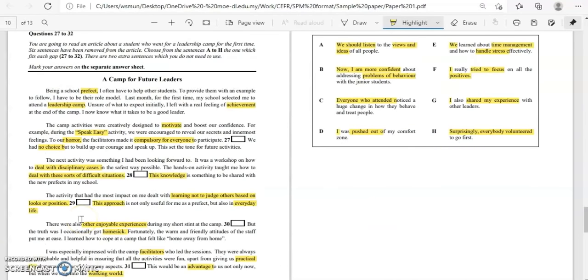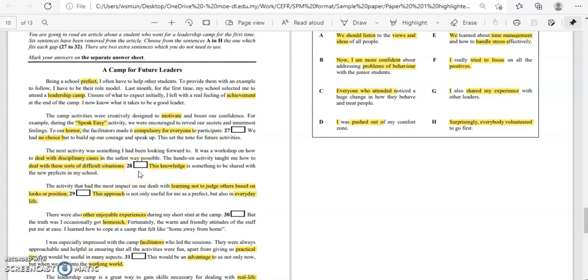These are the keywords that I have highlighted. It's okay if you have highlighted different words from mine, but bear in mind that the words you highlighted should be the keywords that give you information to find the correct sentences that could fit in the gaps. For example, question 28.